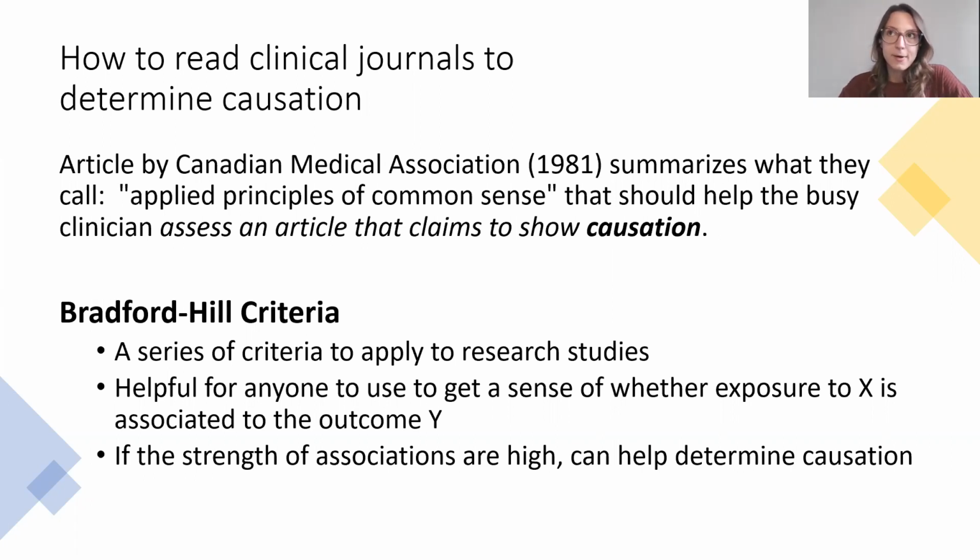It also teaches you how to assess different strengths of associations, especially when they come from different studies, and how to compare different study designs against one another to understand the relationship between that exposure and that outcome. So the Bradford-Hill criteria are a very useful thing to know.